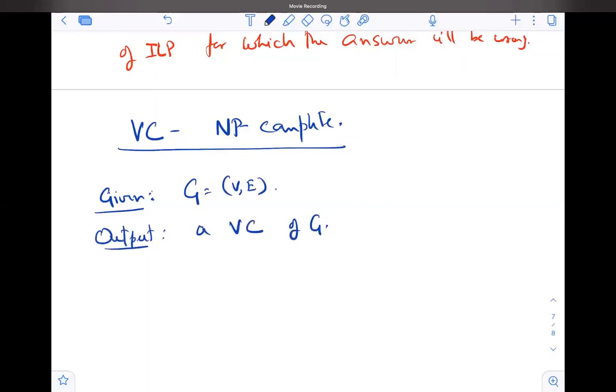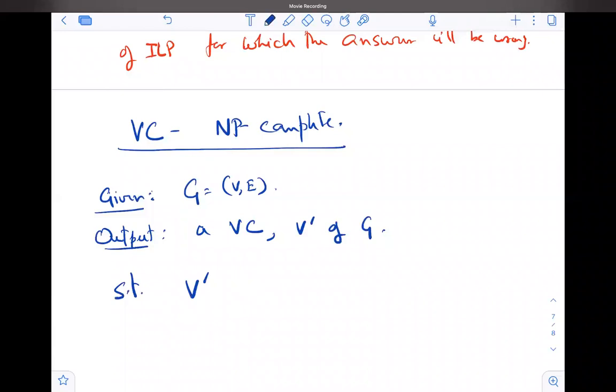Now, of course, a vertex cover is very easy to output, right? Take all of the vertices. Okay, so I want you to output a vertex cover, say V prime of G. But I want you to guarantee that, okay, V prime is bigger than, sorry.